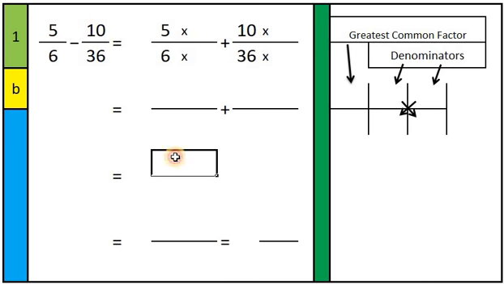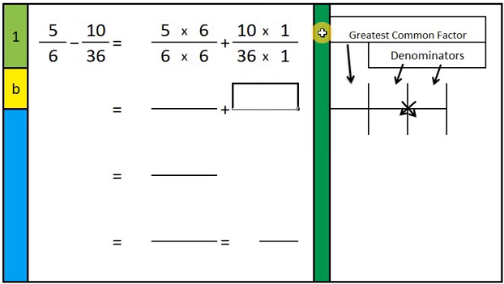The 6 needs to be changed into 36, right? We know that 6 times 6 is 36. Since the denominator is multiplied by 6, the numerator must also be multiplied by the same number, 6. The second fraction will not change, so we just multiply it by 1 out of 1.